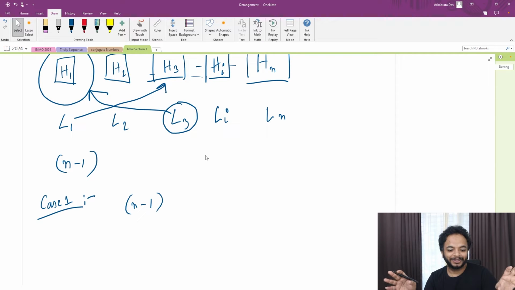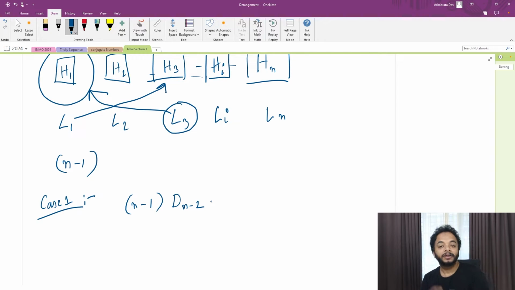That can be dearranged in dn minus 2 ways, because I have n minus 2 houses and their corresponding letters, and the postman can post all the letters in the wrong address in dn minus 2 ways.